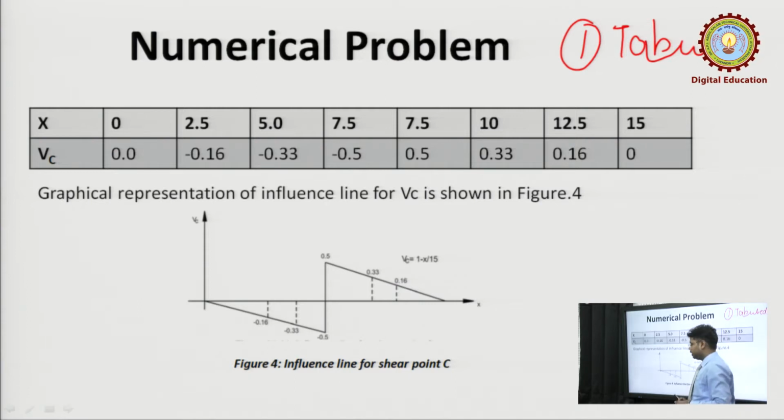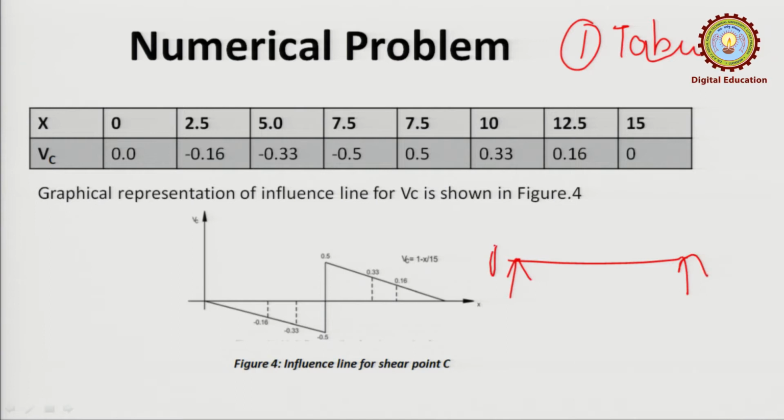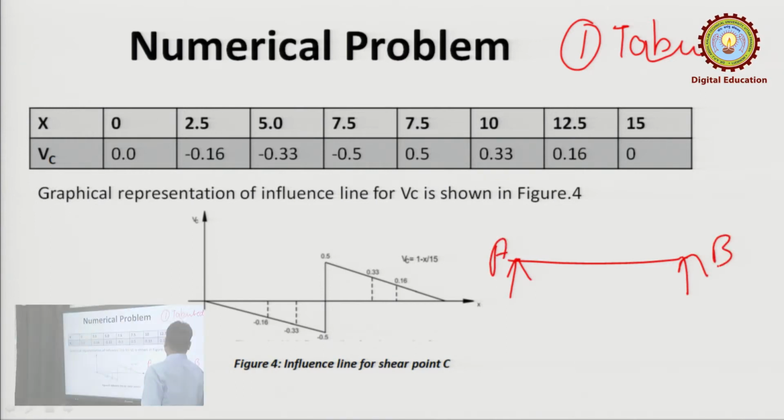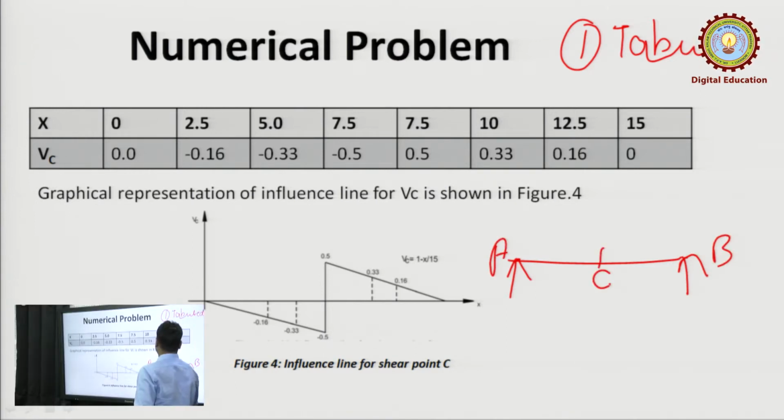What is the tabulated method? Here, for example, we have a beam AB and we are going to find the shear force at C, and for that shear force we are going to draw an influence line diagram.